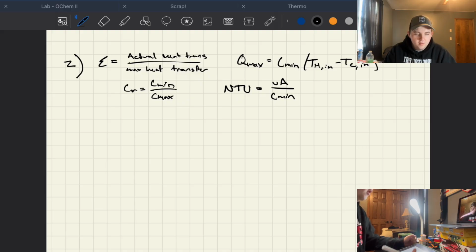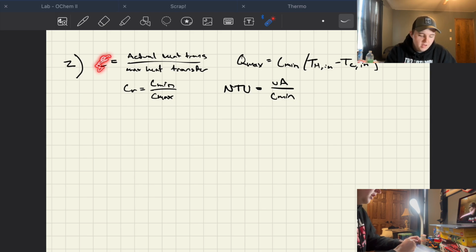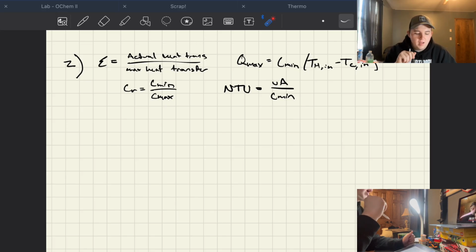a few relations. We have our heat exchanger effectiveness in this top left here, and epsilon is equal to our actual heat transfer over our max heat transfer. Then we have Q max, which is equal to our Cmin multiplied by our delta T, or T in, sorry.